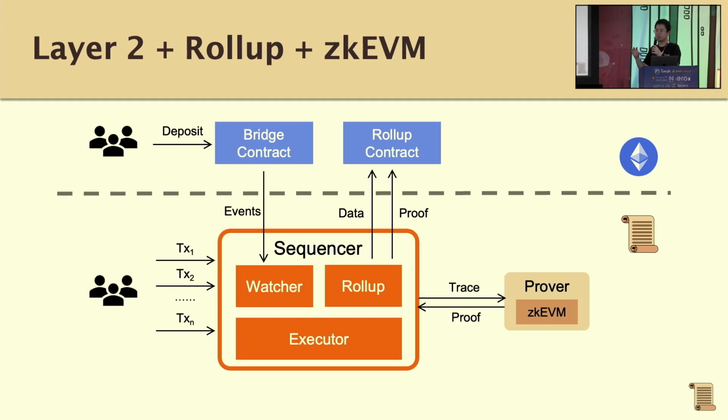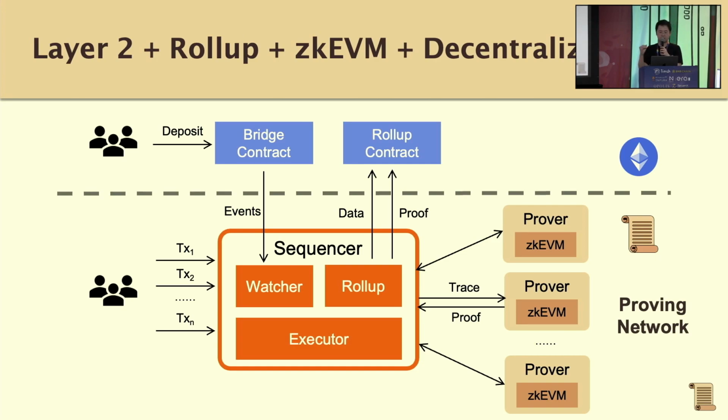The prover is a separate node because running the zk provers is a very heavy computation workload. It means you have some dedicated beefy servers running either GPUs or very beefy CPUs, or even in the future, some zk accelerators, ASICs, to generate the proof within a small amount of time.